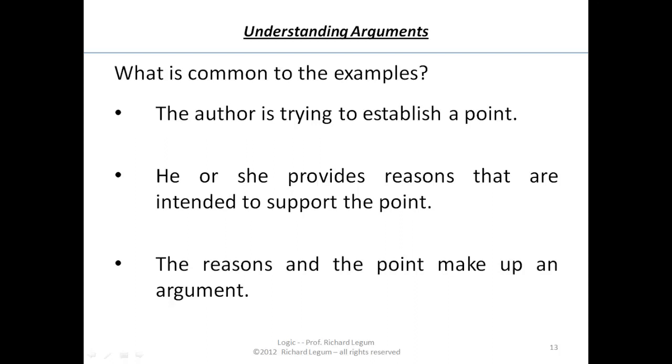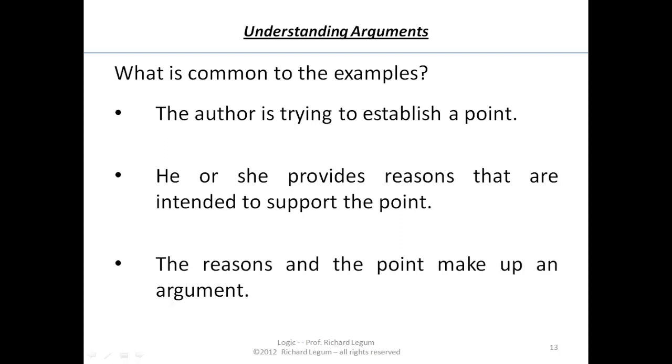Now, when you put it together, those reasons are what we call premises. So notice the reasons, the premises, and the point of the argument make up an argument. When you're looking to figure out what are all the parts of the argument, there are really two different kinds of parts.